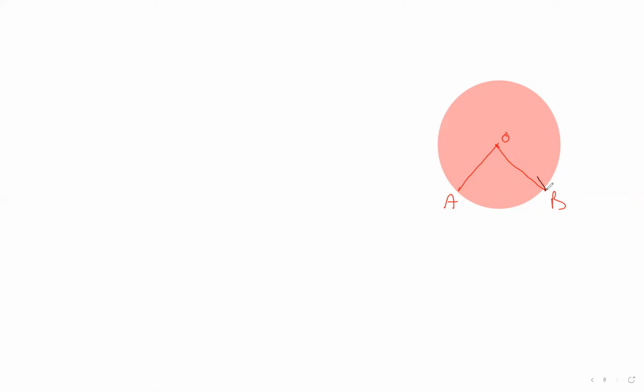If you have a point like this one, C, if this angle is x degrees, then this angle is 2x degrees, and the measure of this arc is 2x degrees. And the measure of an inscribed angle is half the central angle subtended by the same arc.